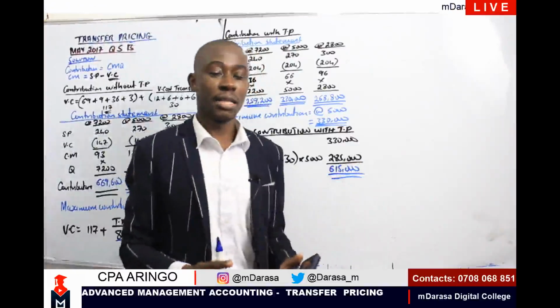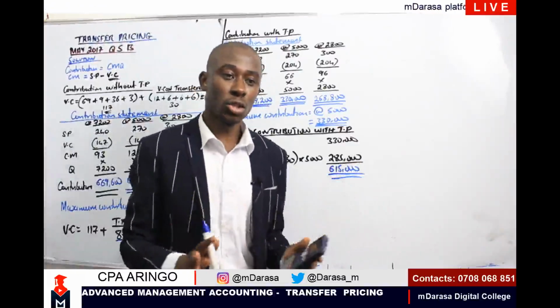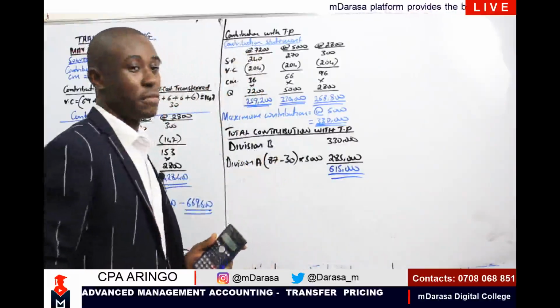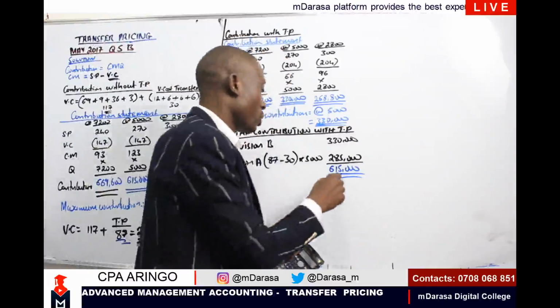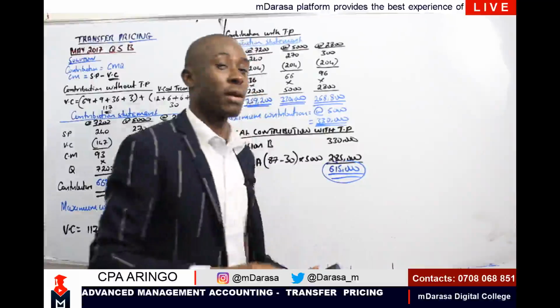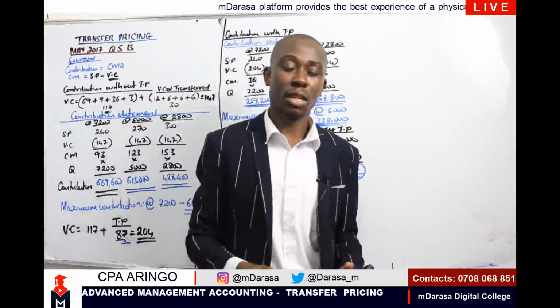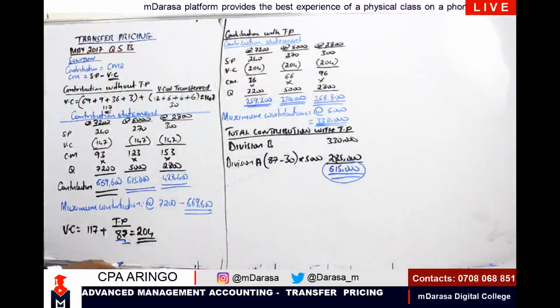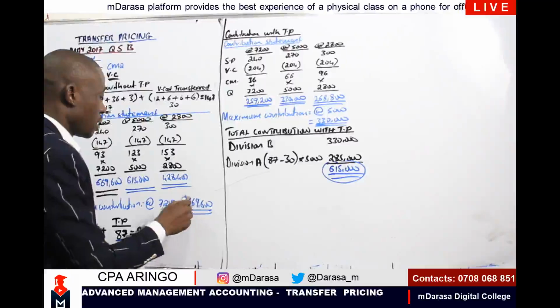With transfer pricing, the total contribution that we do have is 615,000. Without transfer pricing, the maximum contribution that you are getting, we had 669,600.